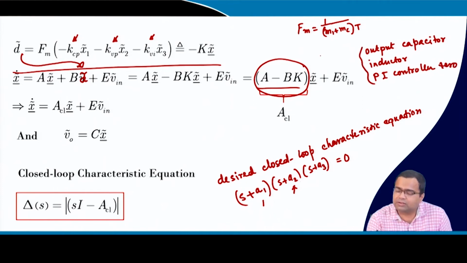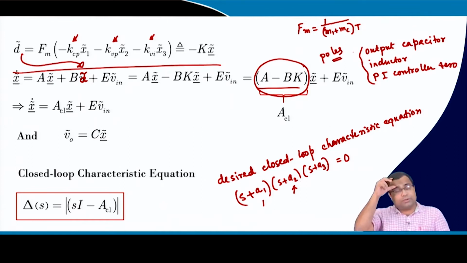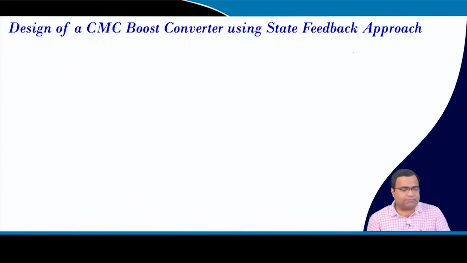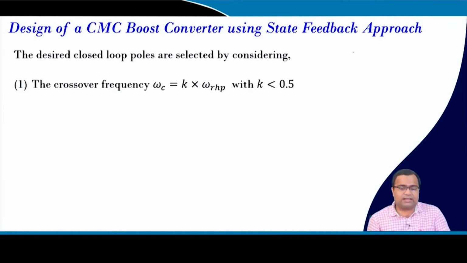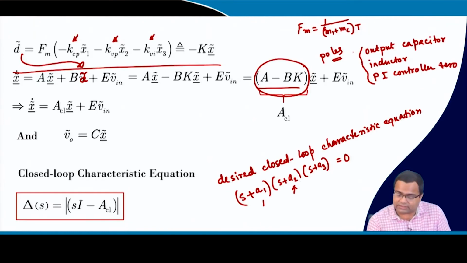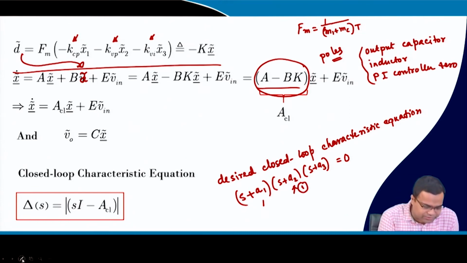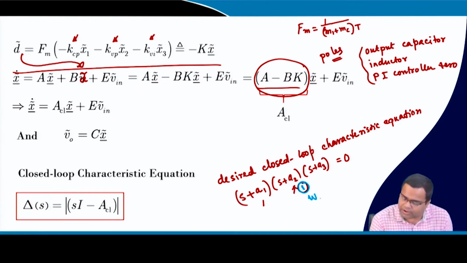These are the poles of the closed loop system. For the first case, let us say this is number 1, and I will place it at omega c.